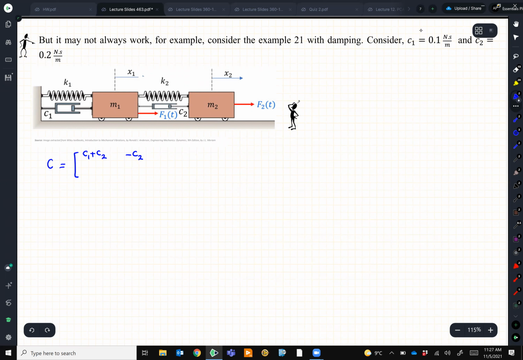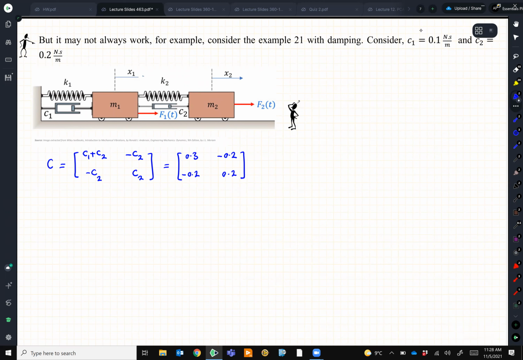I leave it to you to later draw the free body diagrams and see if you can find the same damping matrix. But it's obvious that's my damping matrix. I have some values which I put there, and C1 plus C2 gives me that, C2, and this one is C2. So that's my damping matrix.